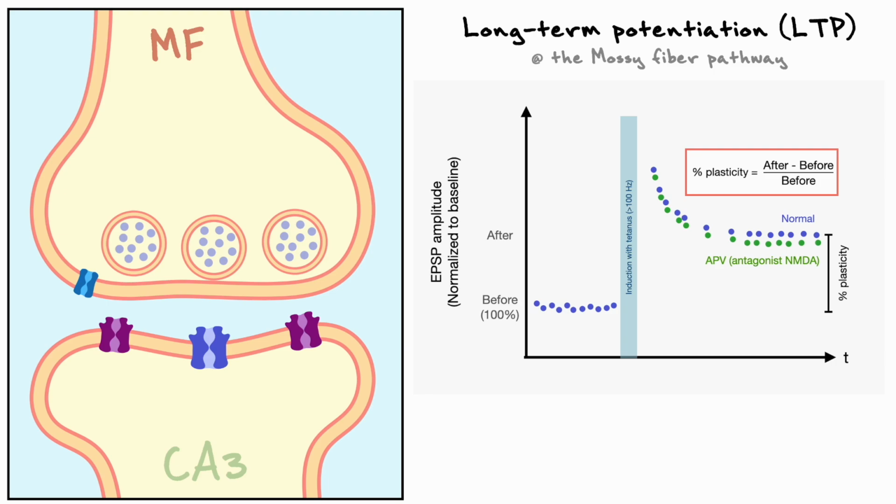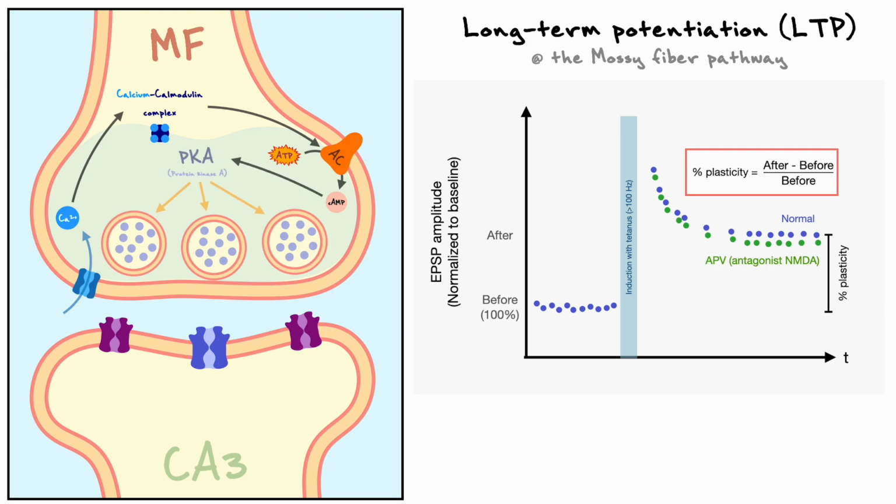In this mechanism, sustained depolarizations by the tetanus cause large amounts of calcium to enter the presynaptic terminal. This calcium entry binds to calmodulin and activates a calcium-calmodulin-dependent adenylyl cyclase. Adenylyl cyclase converts ATPs to cyclic AMPs, which then go on to activate PKA. PKA then goes on to phosphorylate other proteins involved in the vesicle cycle, and that ends up increasing the transmitter release and the postsynaptic response.